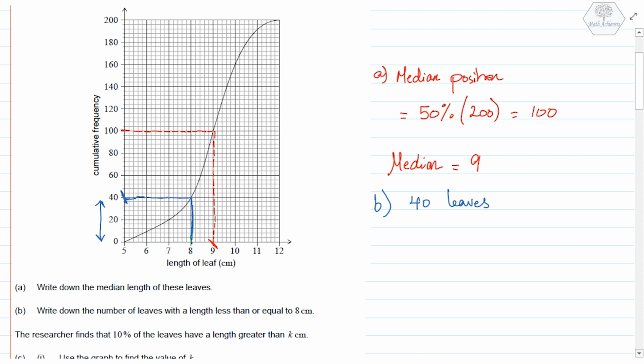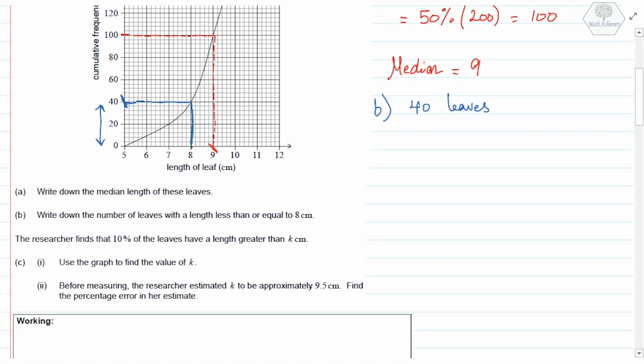Let's check now part C. The researcher finds that 10% of the leaves have a length greater than K. Then I have to find, in my case, for part C, the top 10%.